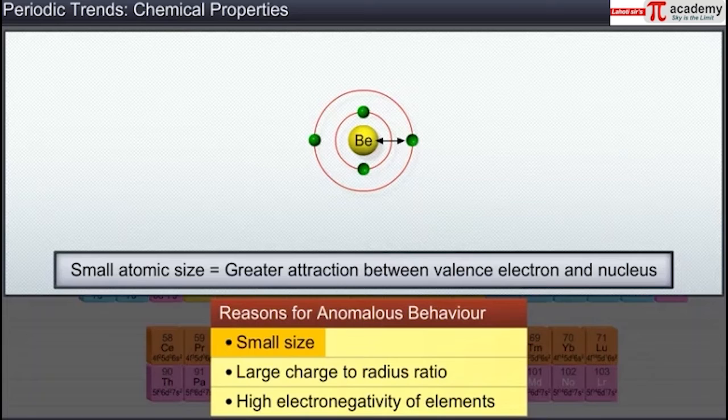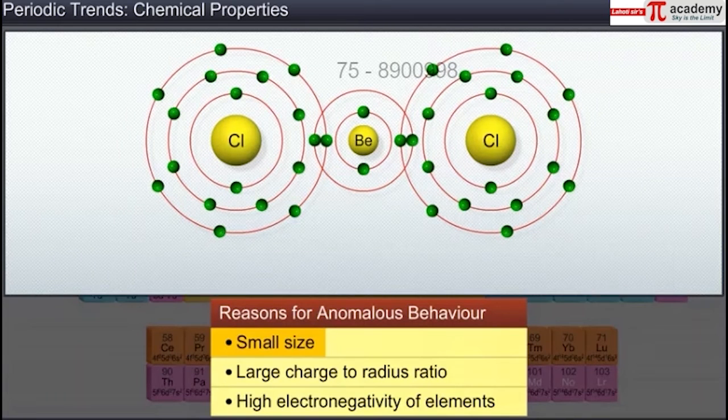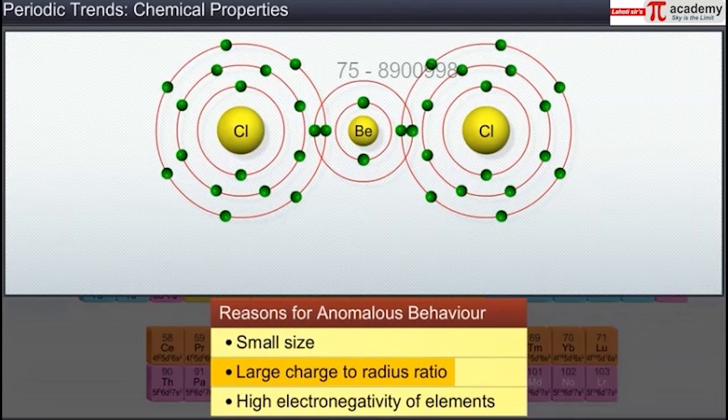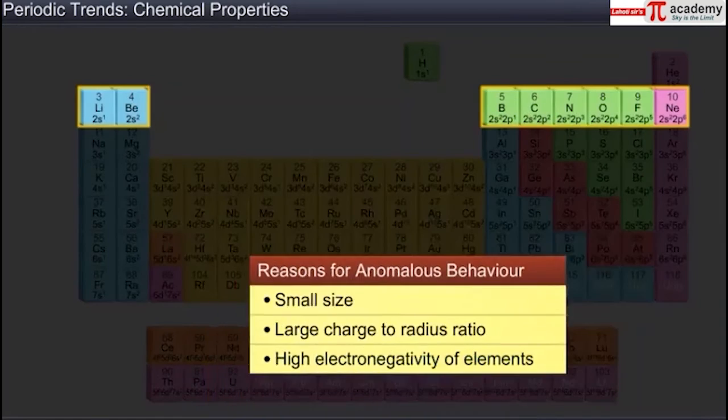In addition to the previous reasons, the availability of lesser valence orbitals and the peculiarity of the bonding capabilities of second period elements also contribute to their anomalous behavior. The first member of each group has only 4 valence orbitals, 1 2s and 3 2p orbitals available for bonding, whereas the second member of the groups have 9 valence orbitals, 1 3s, 3 3p and 5 3d orbitals.